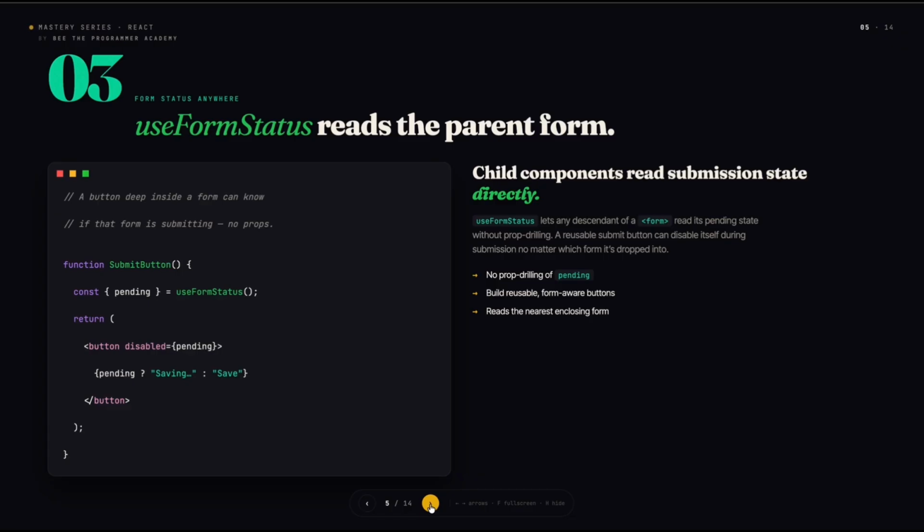So a reusable submit button can disable itself during submissions, no matter which form it's dropped into. So number 1, no need for prop drilling of pending states for the button. Number 2, we can easily build reusable form-aware buttons. Number 3, we can read the nearest enclosing form.